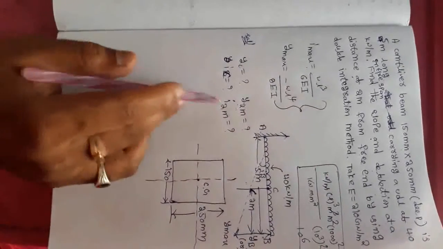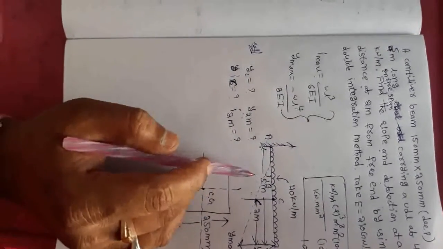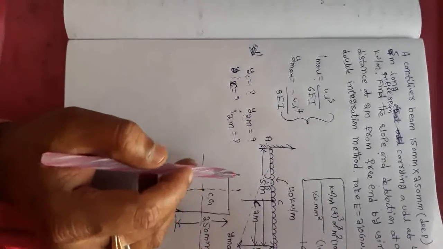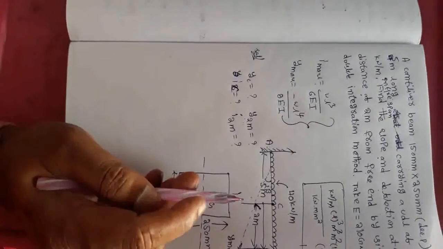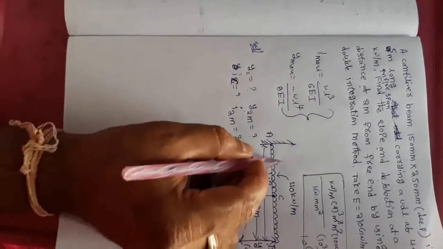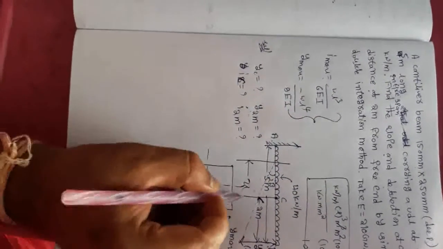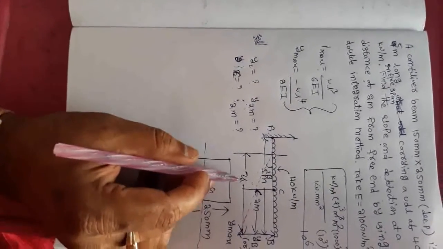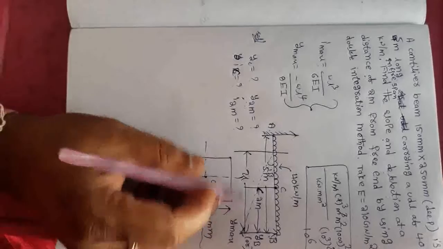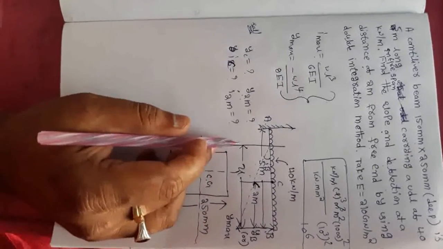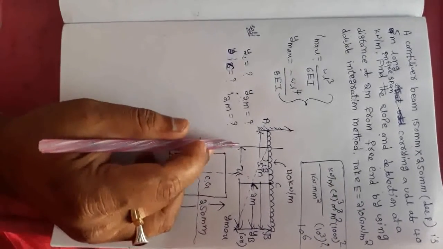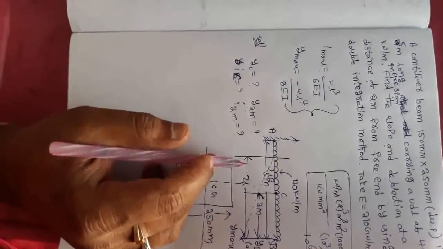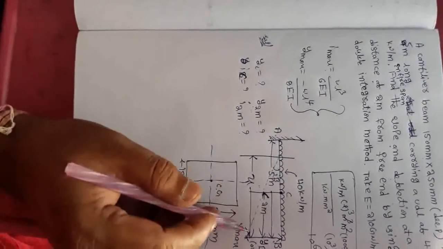For this particular question, first we don't know where the maximum deflection occurs. So let us assume the distance x from the free end, not the fixed end. You can also assume this distance from the fixed end, but for this question I assume the distance x from the free end.